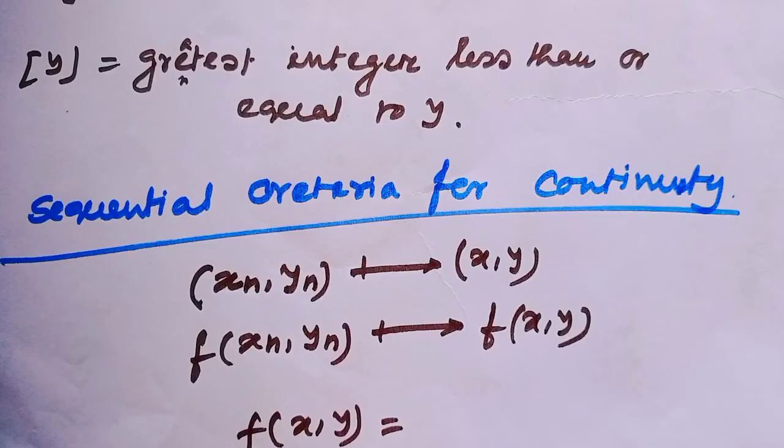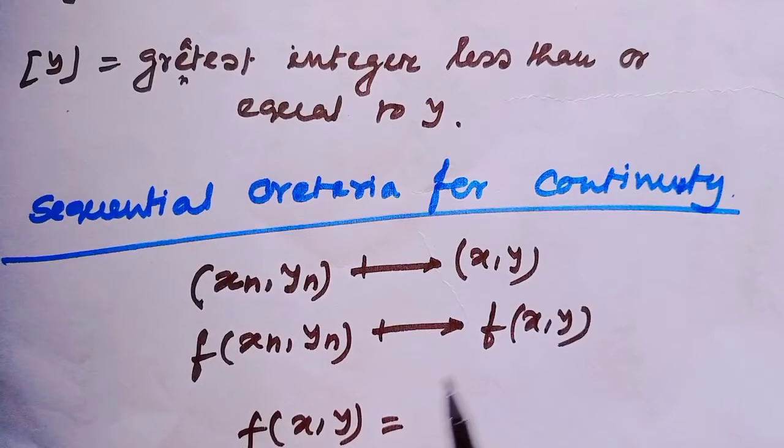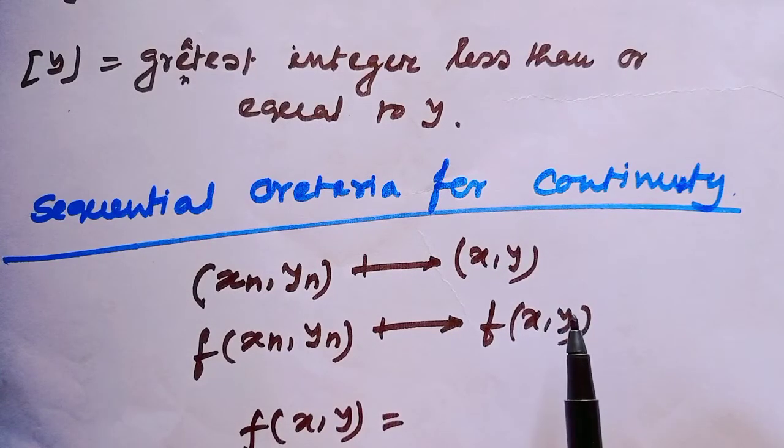Now for continuity, we all know the sequential criterion for continuity. The statement of this criterion is, just recall: if we have to prove any function is continuous at the point (x, y), then at first we have to choose a sequence (xn, yn) which converges to (x, y).